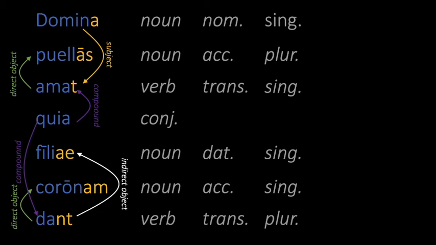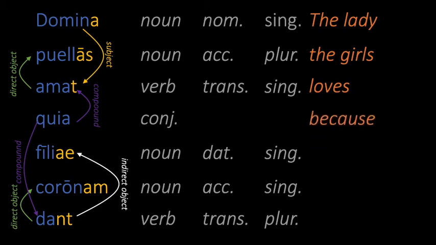Having analyzed the structure, let's assign meanings to the words. Domina is the lady. Puellas is girls, and amat is loves. Quia is because. Filiae would be her daughter. We can leave off the to here, as English often will with certain verbs, such as give, that can have indirect objects. And we supply the her, even though it is not present, as Latin will often leave possessive pronouns such as his, your, our, or my unspoken when they are obvious from the context.